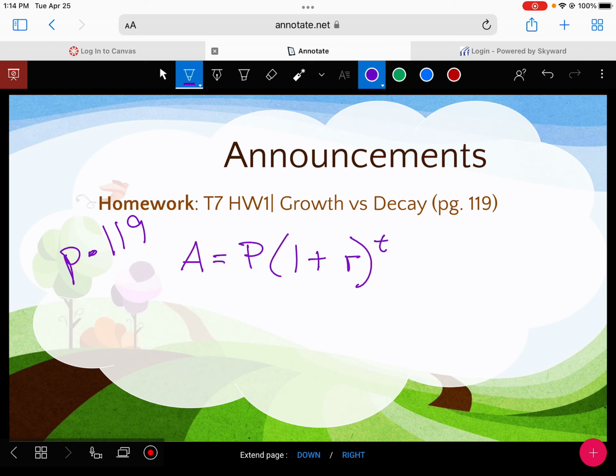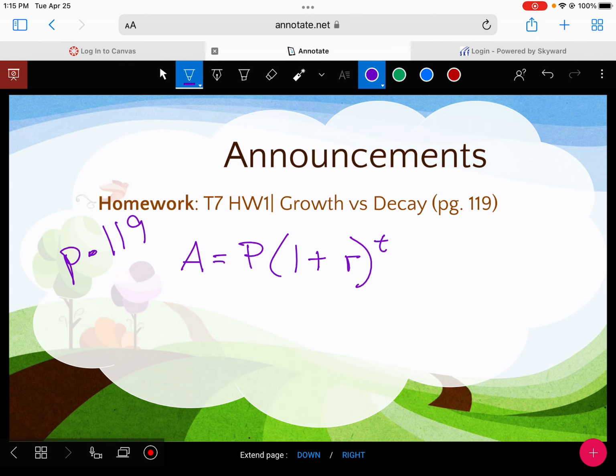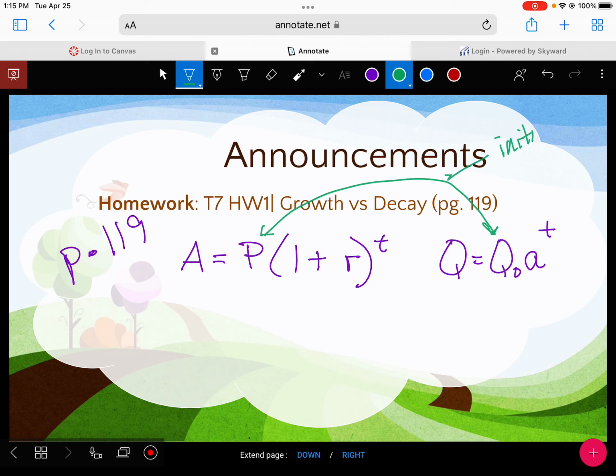Well, we're answering this question back here. Can we write an equation to figure out our salary? Okay. This equation and this equation are both essentially the same, okay? The P amount here and what we call Q naught, this is your initial amount.